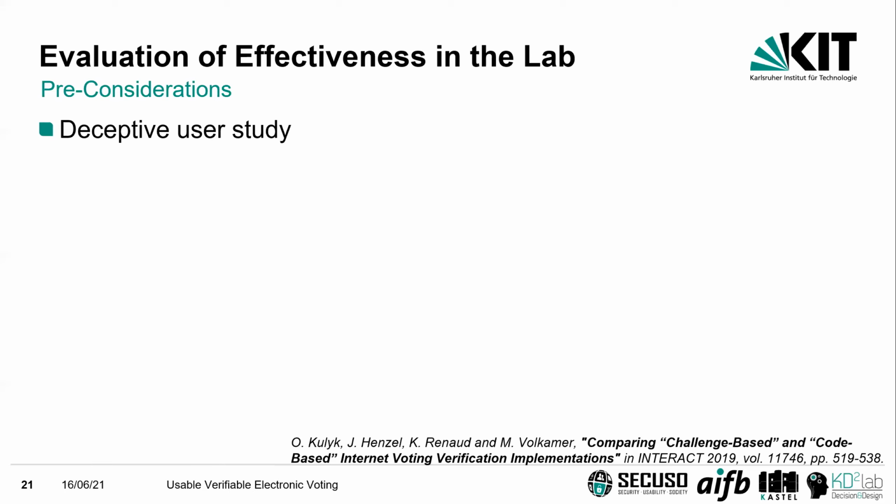So there are different motivations for the attacker and different ways to implement manipulations if you have control over the voting system.